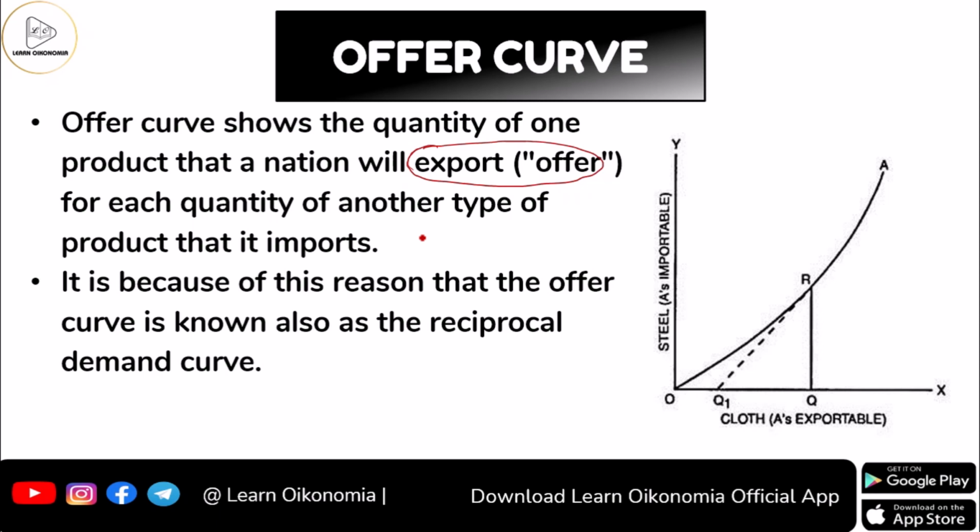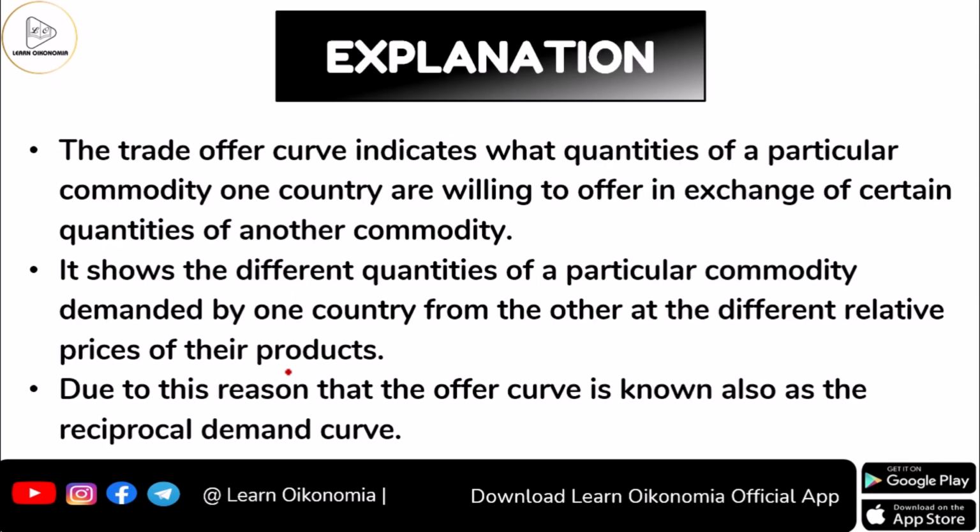It is because of this particular reason that the offer curve is also known by another name, the reciprocal demand curve. The offer curve indicates the different quantities of a particular commodity that a nation is willing to offer in exchange for certain quantities of some other commodity.